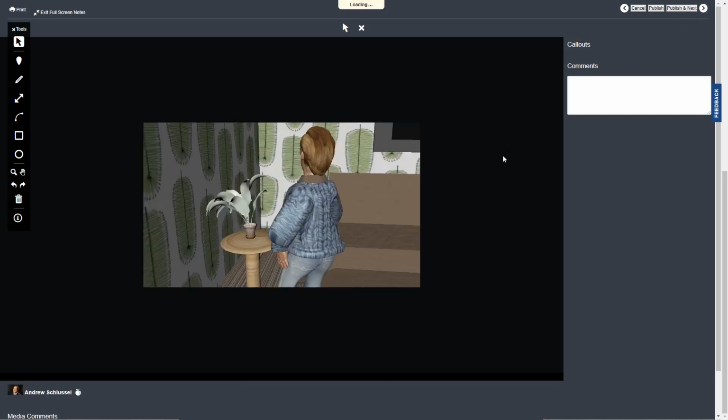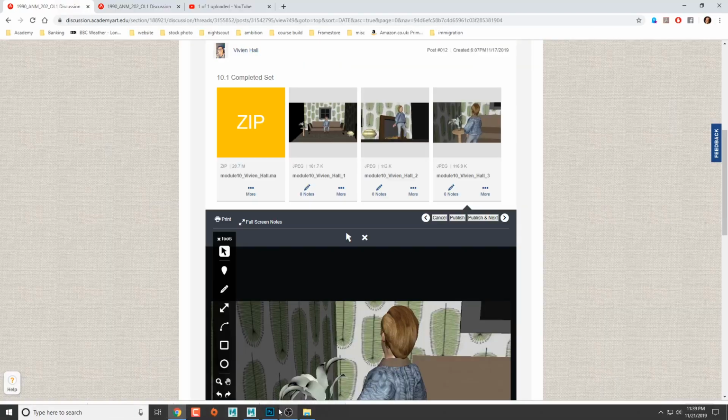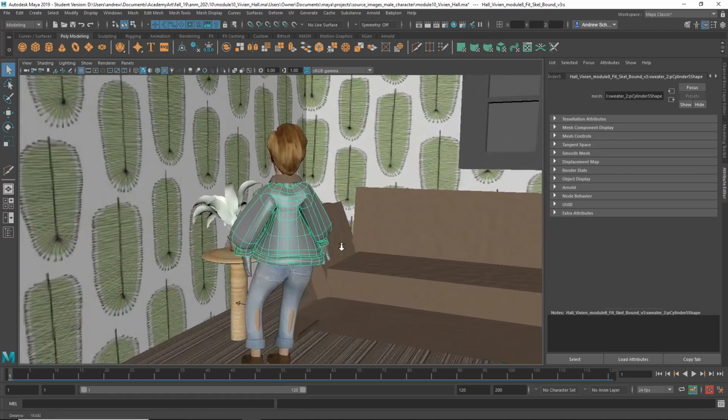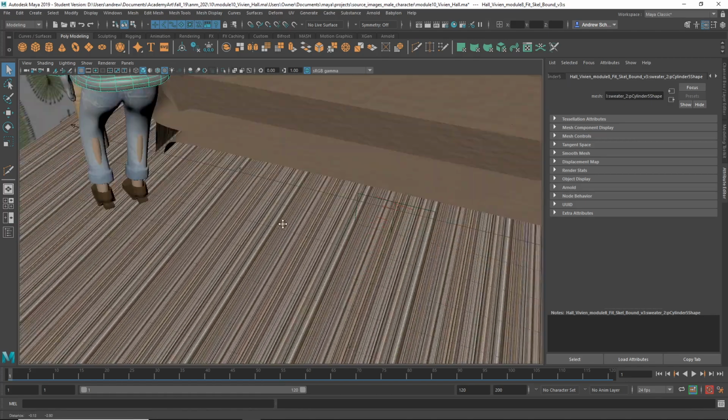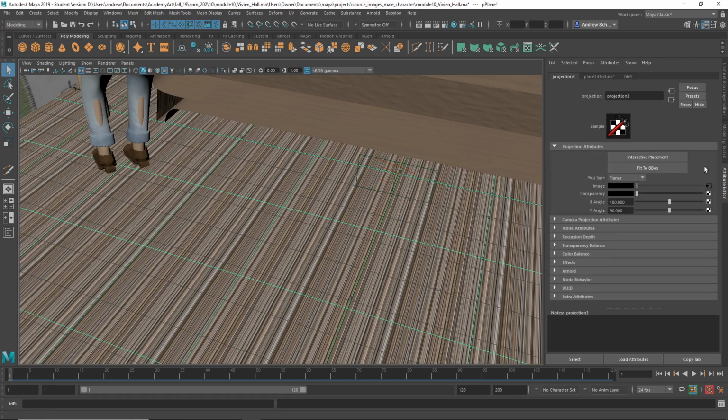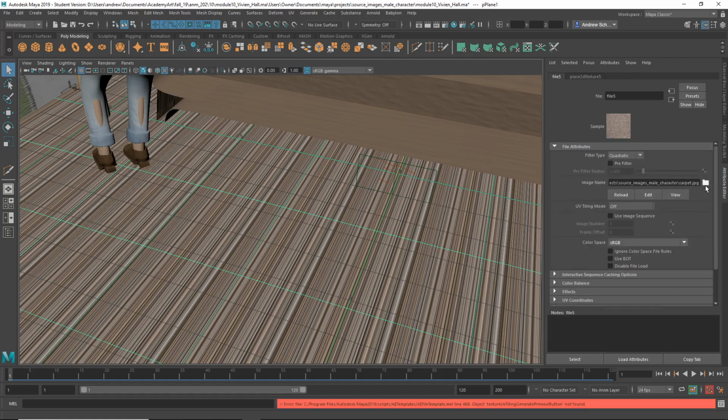Let's take a look at this in Maya. So the wallpaper is mapped on there, okay. I don't know what's going on with the floor here. So it's a projection texture of that image.